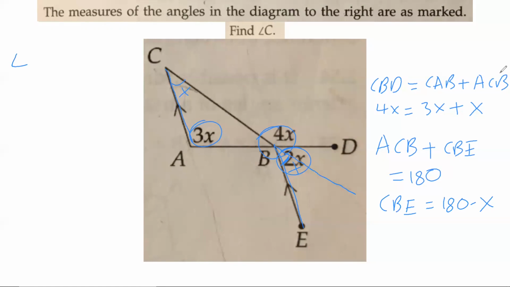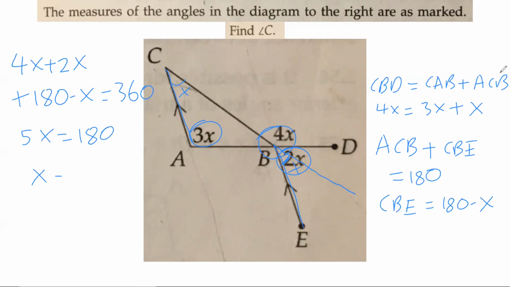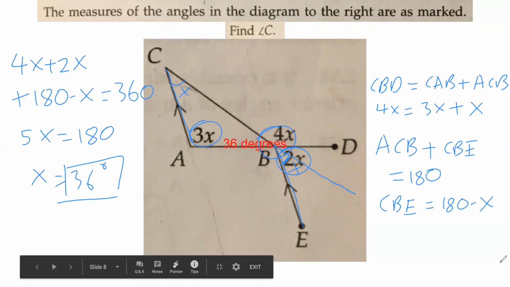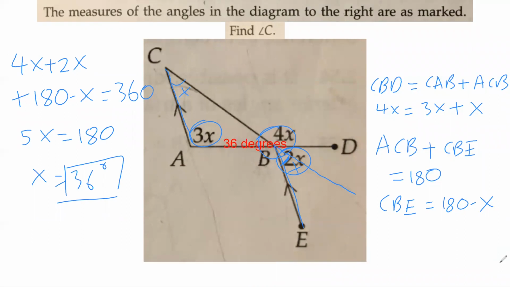So you get 4x plus 2x plus CBE, which is 180 minus x, is equal to 360 degrees. So you get 5x equals 180, or x equals 36 degrees. And since x was the original value of angle C, then we found angle C.